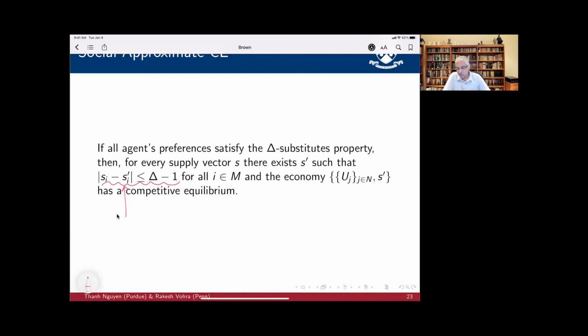Notice delta does not depend upon the number of agents or the number of goods. This is simply a restriction on the preferences of the agents. In other words, if the agents can get from one bundle to a utility improving bundle by exchanging up to delta goods, then this is the bound.